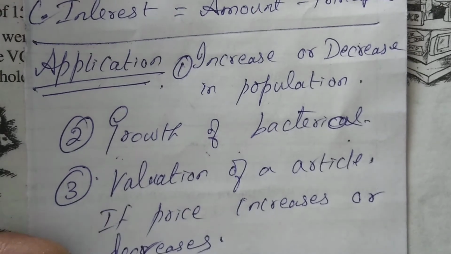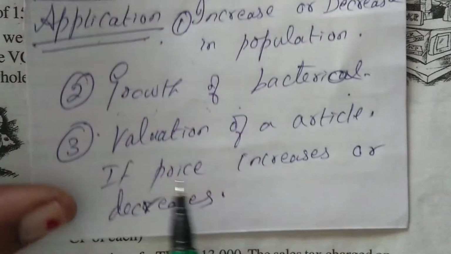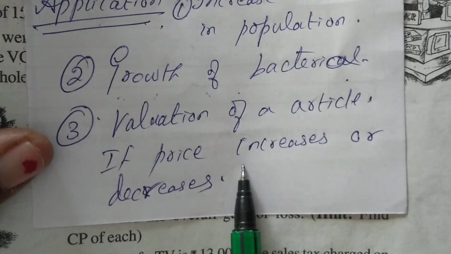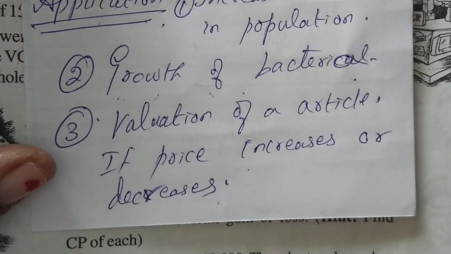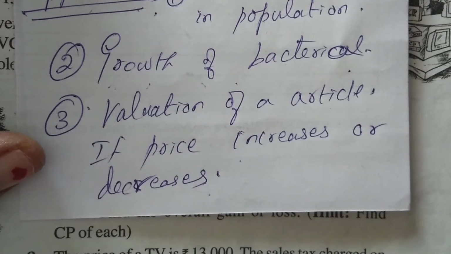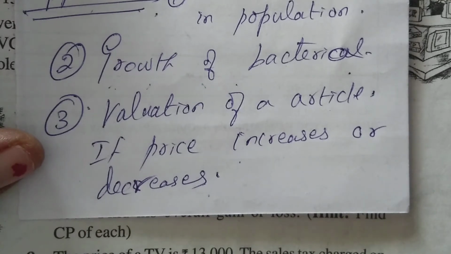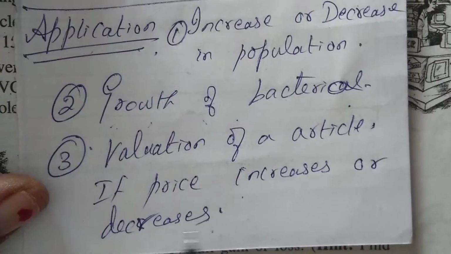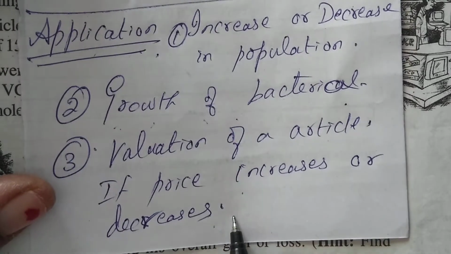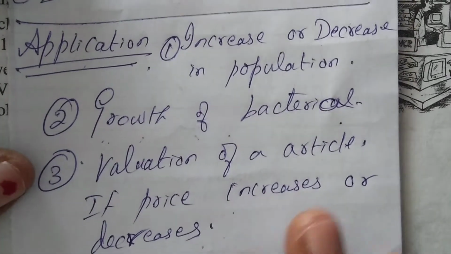Then valuation of an article, to find the price increase or decrease. The car value, if you take, it will keep increasing, is it not? But when you start using it, it has depreciating value. So we find the value of an article if price increases or decreases. So now let us start doing a few problems based on compound interest.